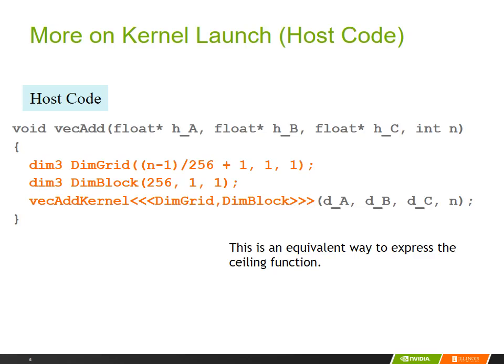Keep in mind that these variable names are arbitrary, so we just happen to pick dim grid and dim block for clarity, but we can call them dog and cat as long as the dog is used in the first configuration parameter and the cat is used in the second configuration parameter, as long as we're consistent in the definition and use of these configuration parameter variables.